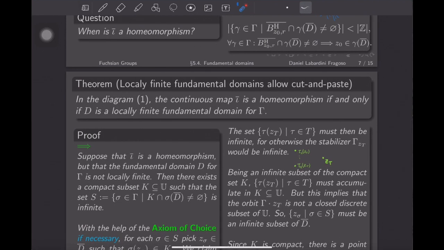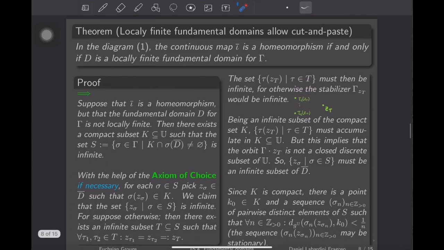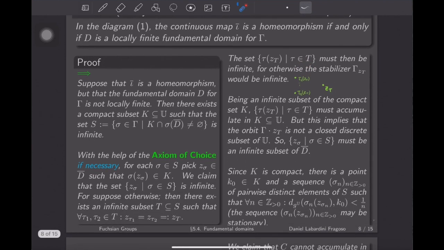So this set has to be infinite. Not only T, but the set of all images of this point under the elements of T has to be infinite.